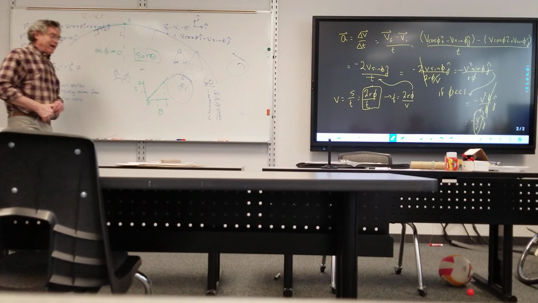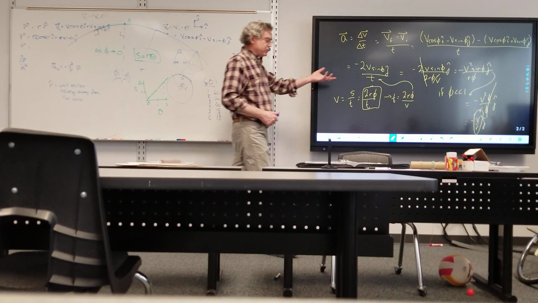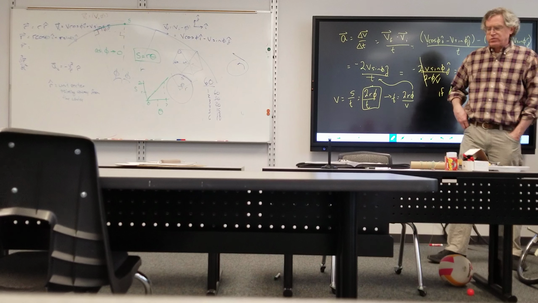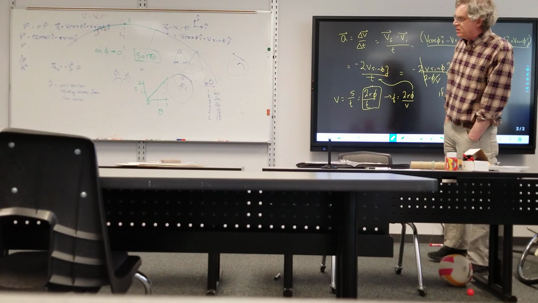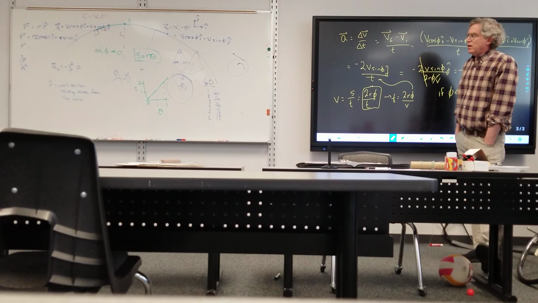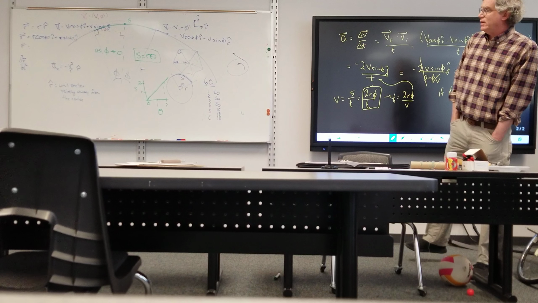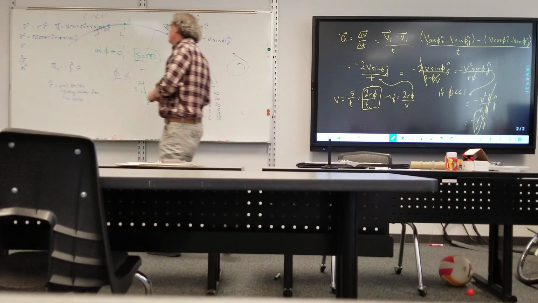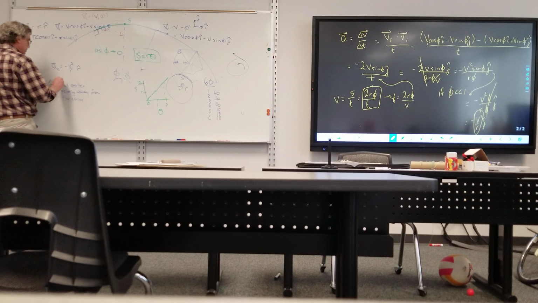Now, when we deal with i hat, j hat, k hat, we define the i hat direction, we define the j hat direction, k hat comes naturally out of that in a right-handed coordinate system. The r hat is the radial unit vector.